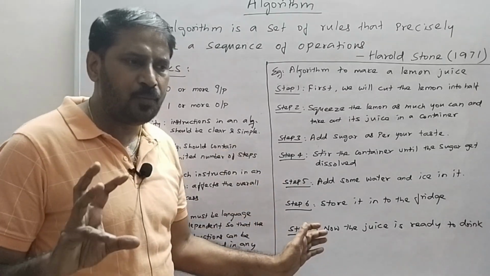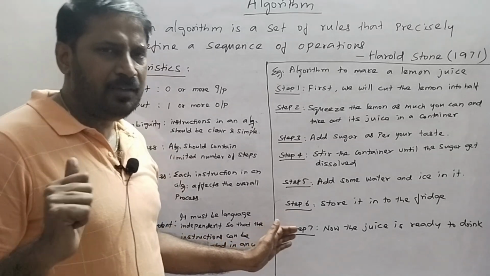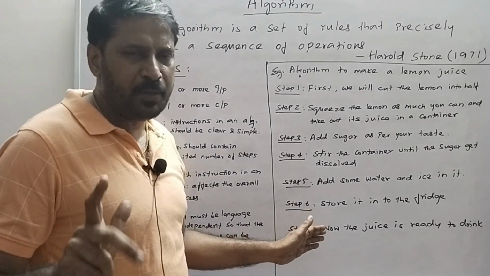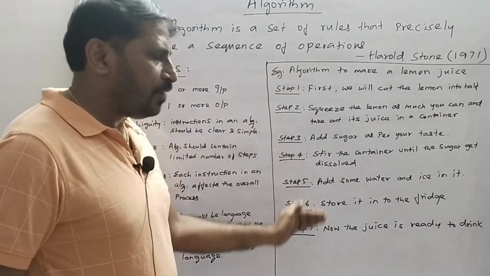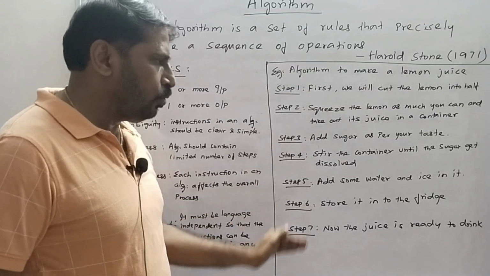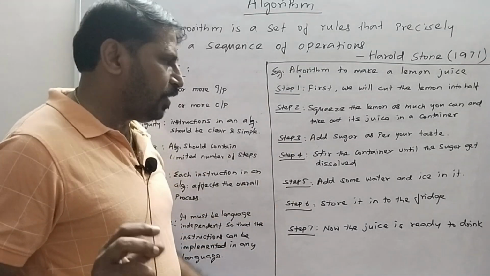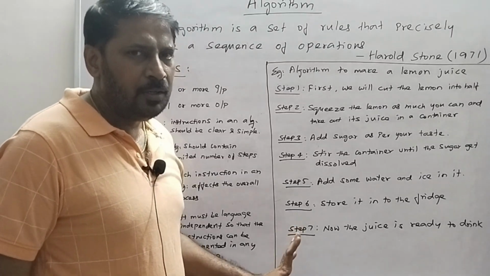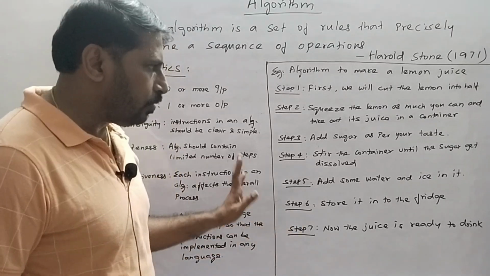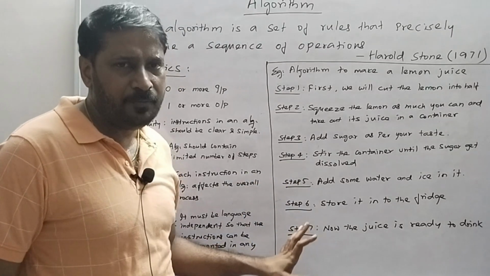What is the result? I want to drink lemon juice. If I want to prepare lemon juice, these are the 7 important steps I have to do. Then only I am able to get the result of that particular problem. So this is the live example of an algorithm.